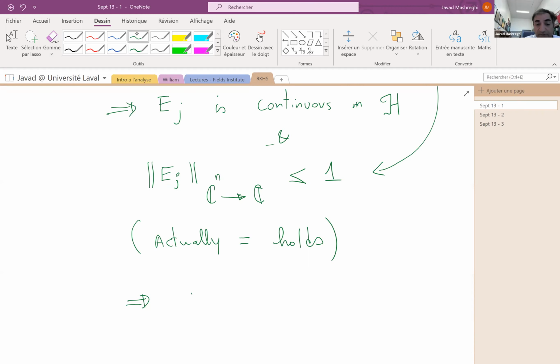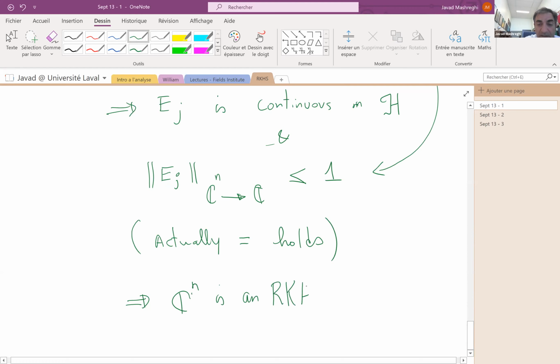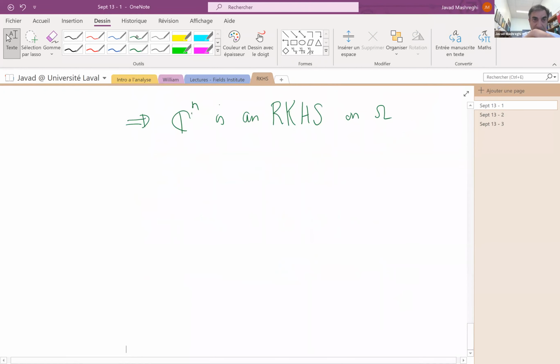So we have our first reproducing kernel Hilbert space. So C^n is an RKHS on omega. Our first example. Many more.